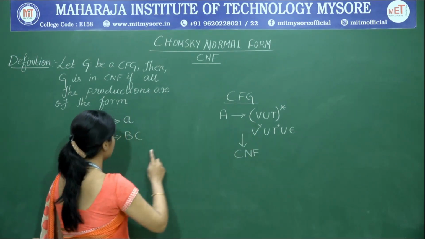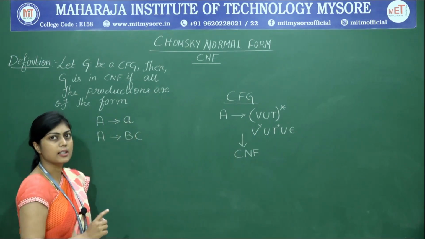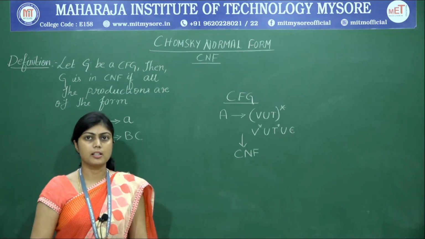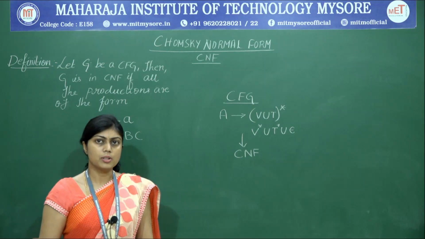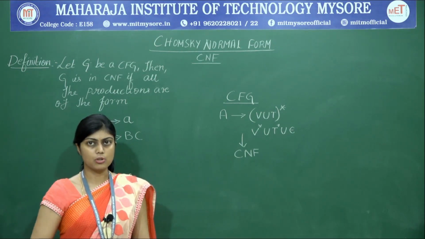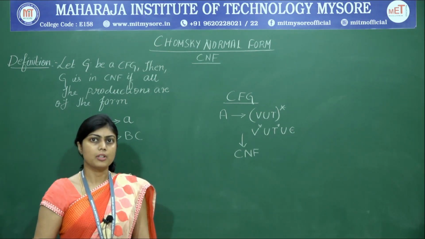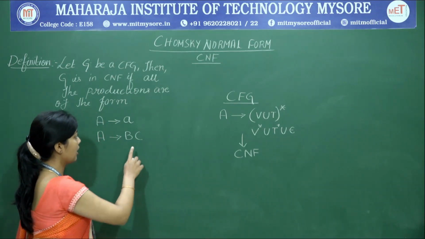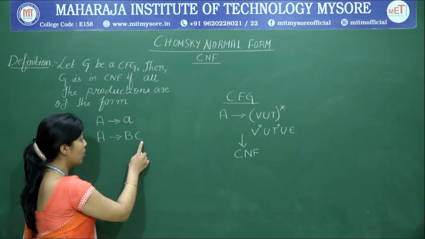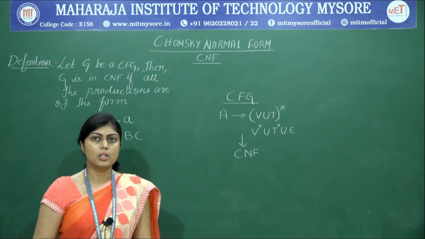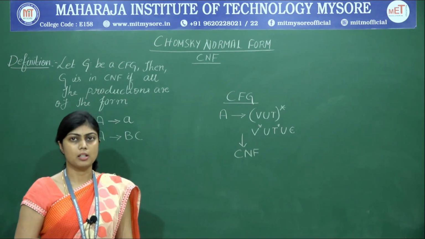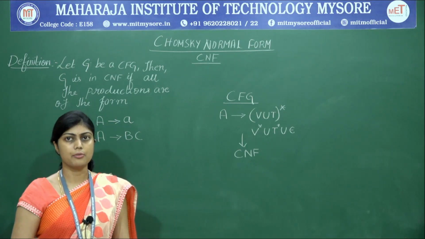It can be only a single symbol, and if it is a single symbol it has to be a terminal, and at most two symbols are allowed. If there are two symbols on the RHS, both of them have to be variables. These are the only two forms of productions allowed for a CNF form.